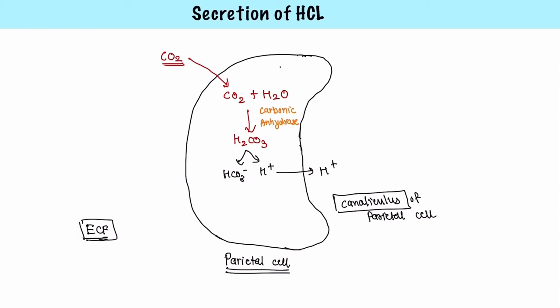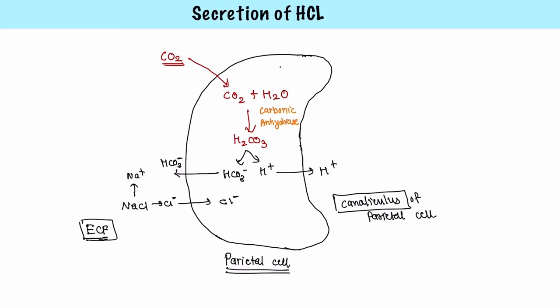Now in the ECF, there is NaCl. NaCl divides into Na plus and Cl minus, and from equal exchange, Cl minus will go inside the parietal cell and HCO3 minus will come outside in the ECF.